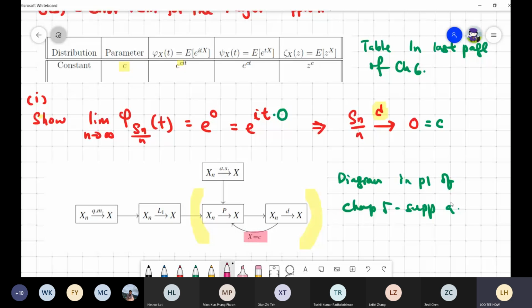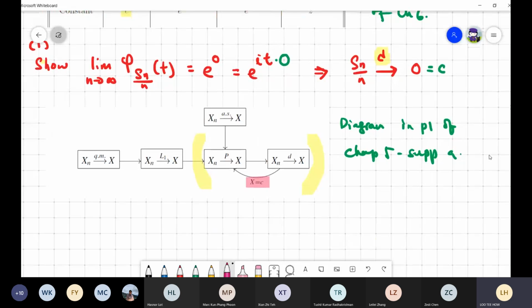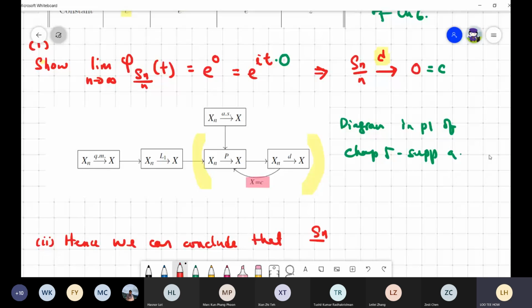So using this, we can conclude that Sn over n converges to 0 in probability, by using this property.